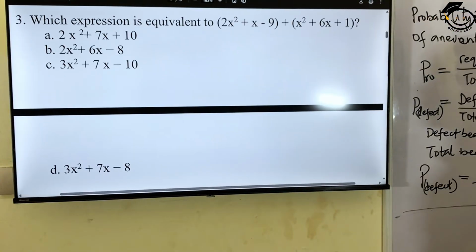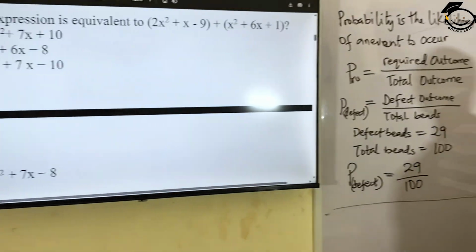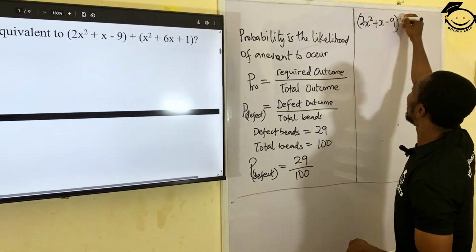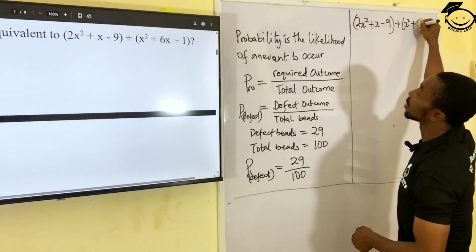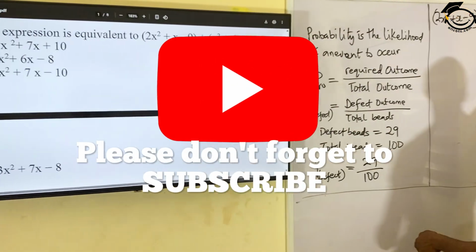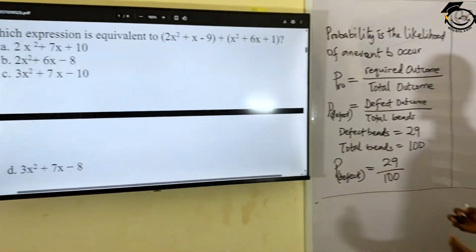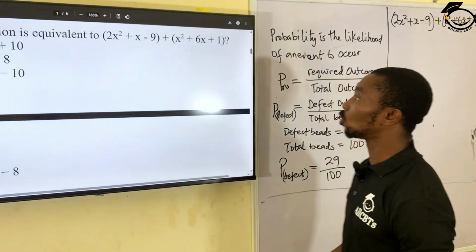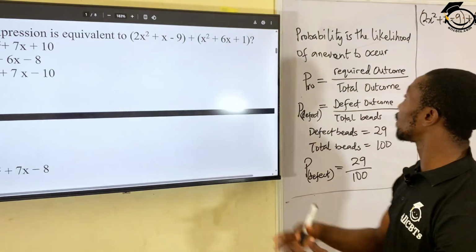Now, to the next question we have: which expression is equivalent to 2x squared plus x minus 9 plus x squared plus 6x plus 1? In order to do this, we'll look at collecting the common terms from both sides. Since we have 2x squared here and x squared there, we'll bring them together.